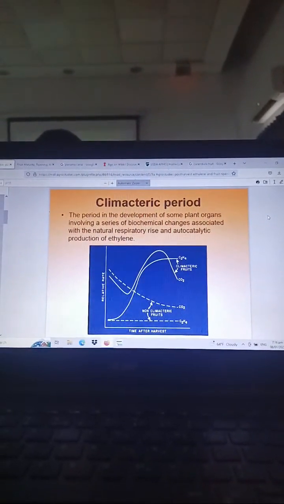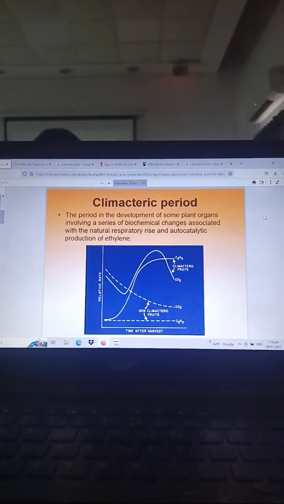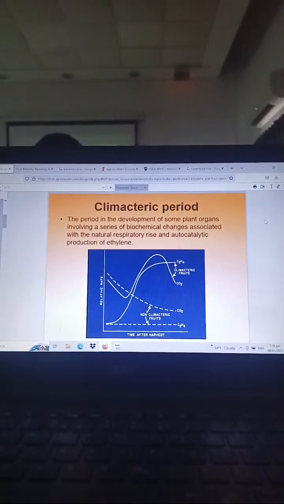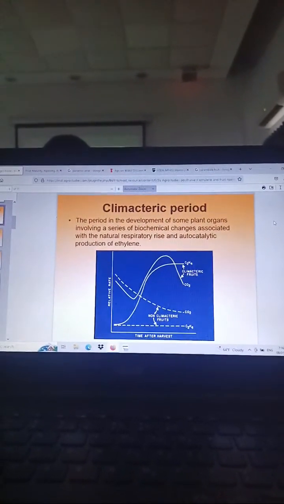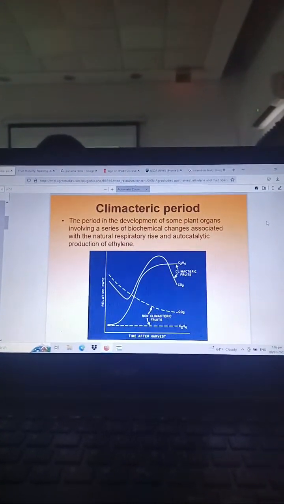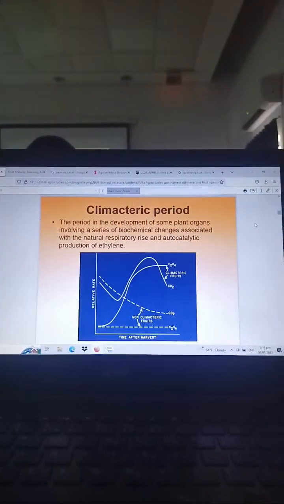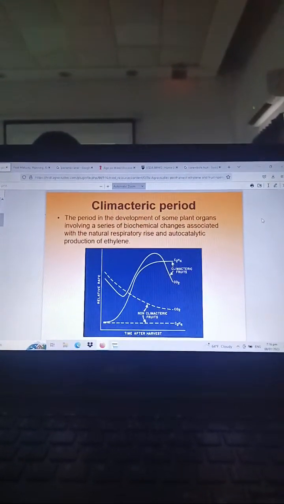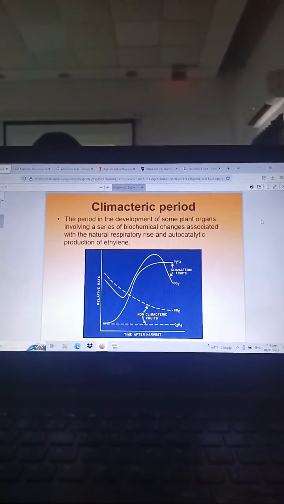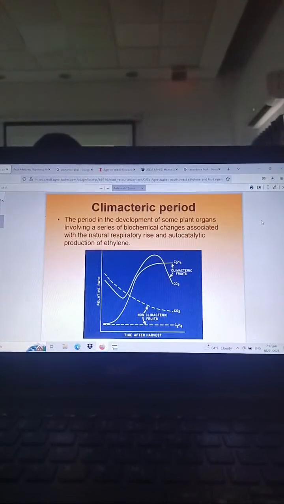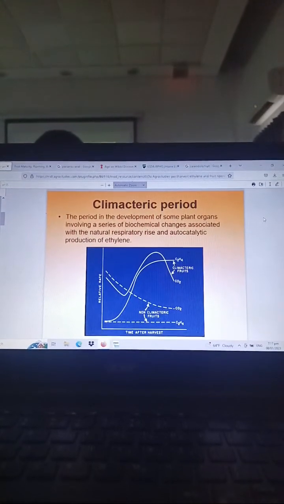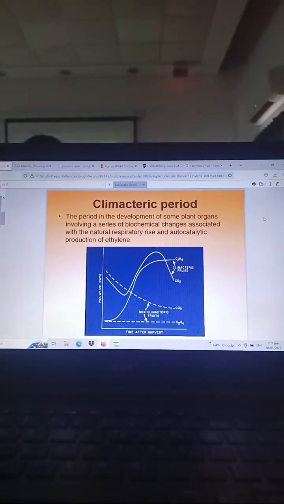At the climacteric peak, there is an increase in ethylene with time after harvest, and then there is also an increase in respiration. Respiration and ethylene go together. Why? Because to make ethylene, we need energy, and the energy is a chemical energy called ATP. I will explain. The CO2 increase makes ATP, which gives energy to make ethylene.